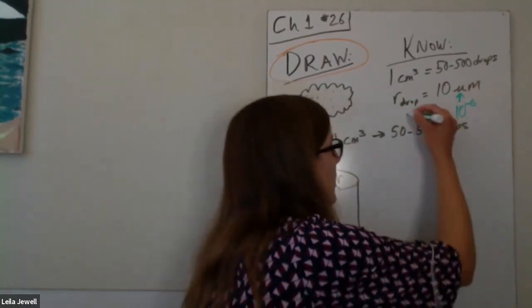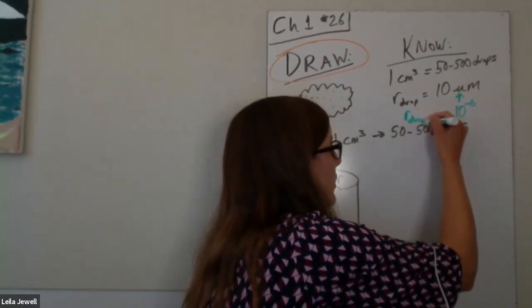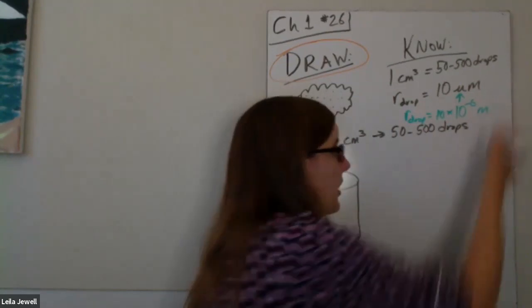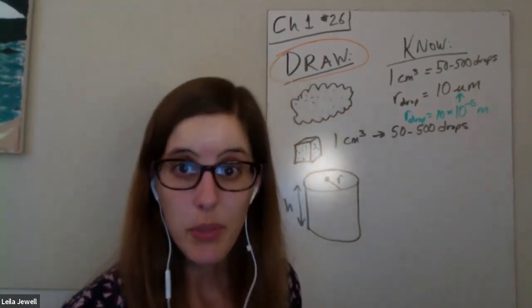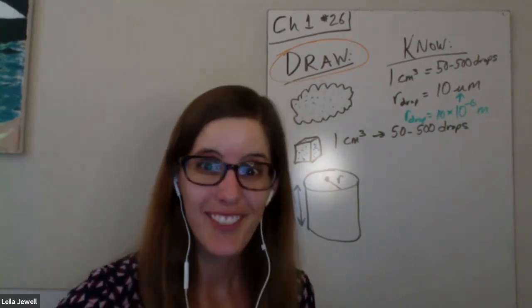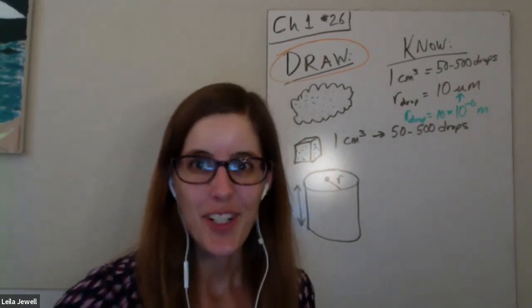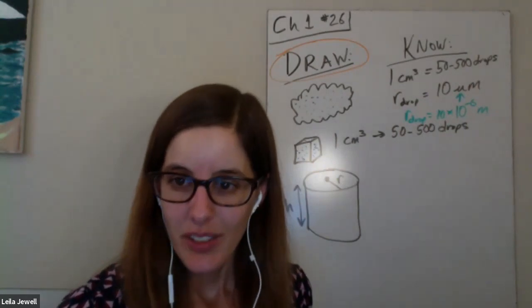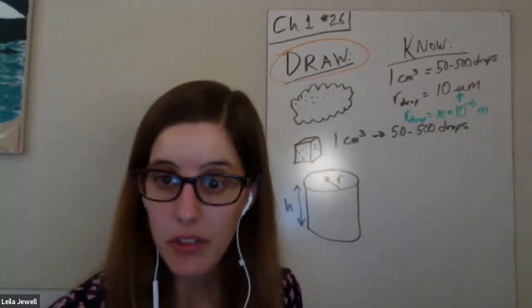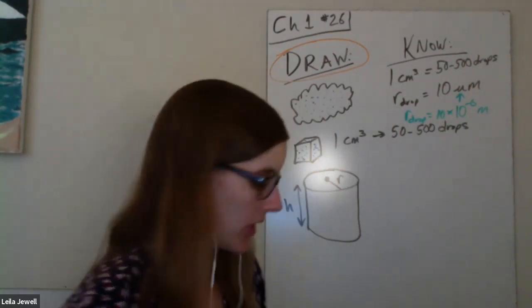So we could write the radius of the drop is equal to 10 times 10 to the minus 6 meters. And that's how I like to do it to make sure I don't make a silly mistake, because mistakes are very easy to make, as it turns out. All right, let's see. And then it also describes the cloud itself, its height 3 kilometers, radius 1 kilometer.